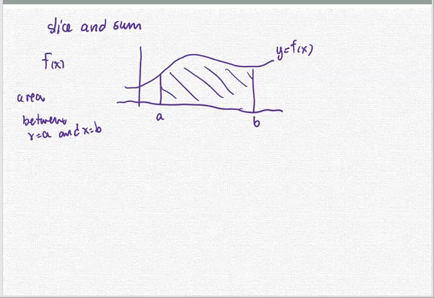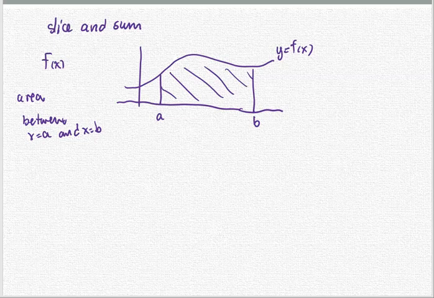Slice and sum, that means we're gonna make equal partitions, equal subintervals. For example, we're gonna make n equal subintervals from point a to point b. To make it equal, you have to find the total length.